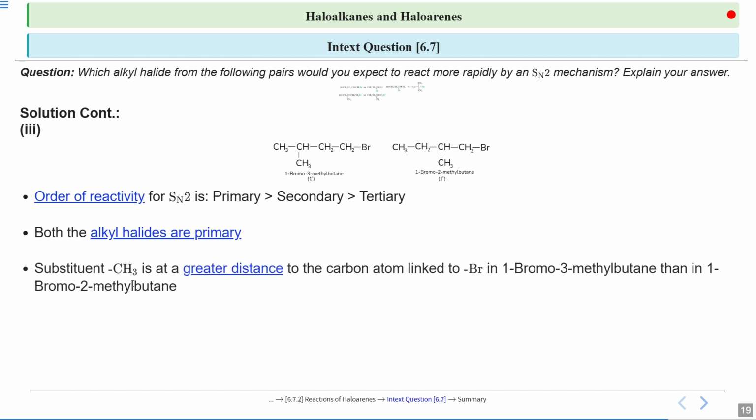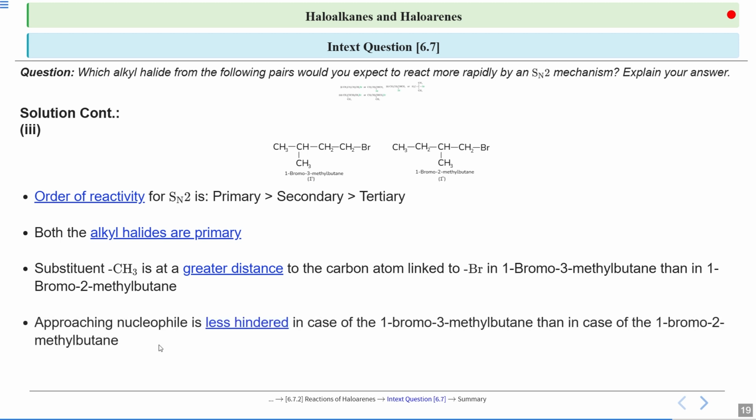The substituent, which is methyl, is at a greater distance from the carbon atom linked to bromine in 1-bromo-3-methylbutane compared to 1-bromo-2-methylbutane. In the latter, the distance is closer.